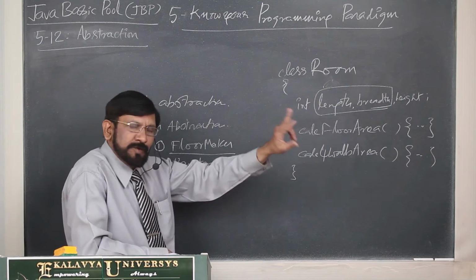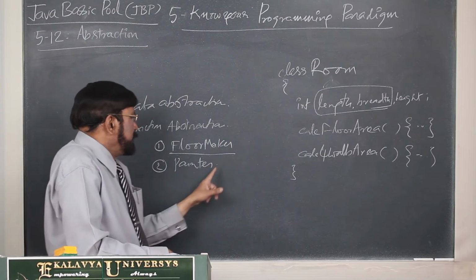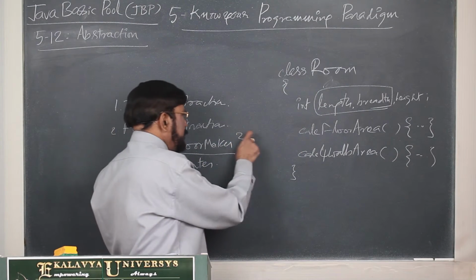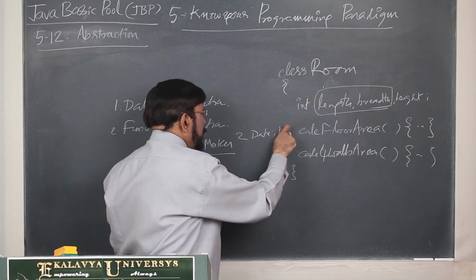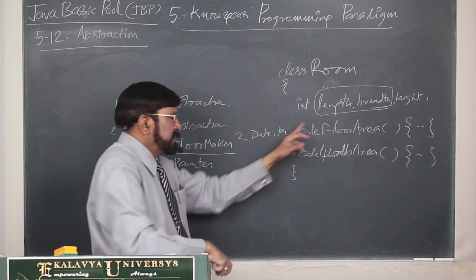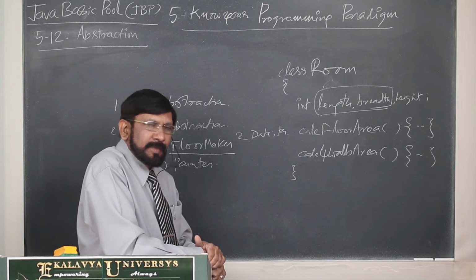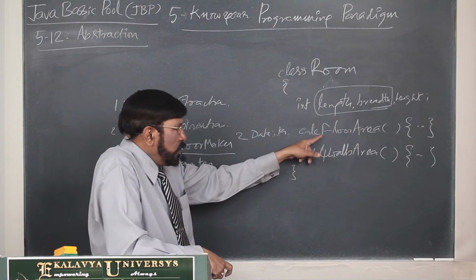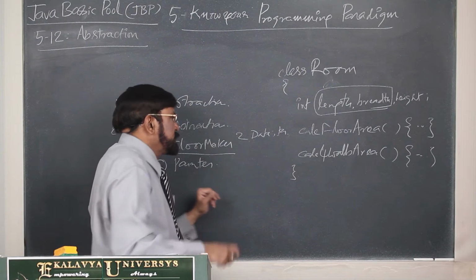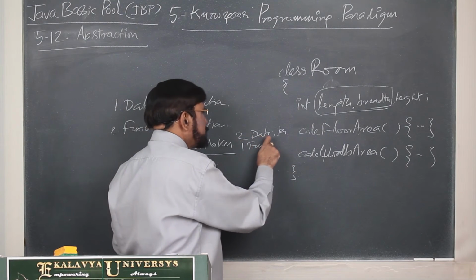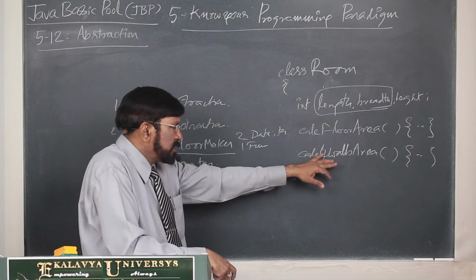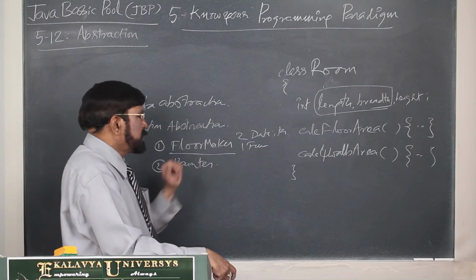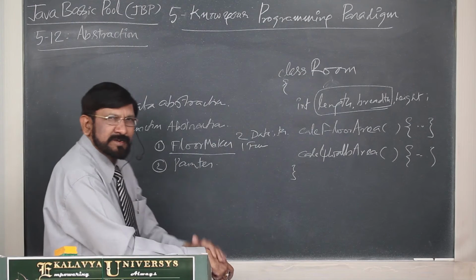Data wise, out of three, he requires only two data items. And as far as functions are concerned, two functions are there. Out of that, only the first function he requires. The second function is irrelevant. Four walls area is not required for him. That's why two data items, one function.